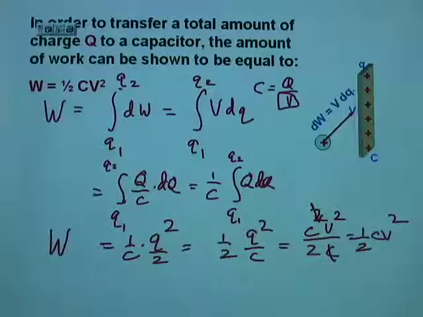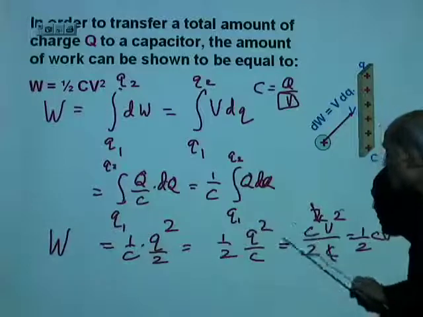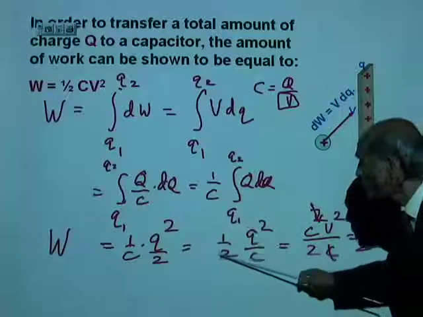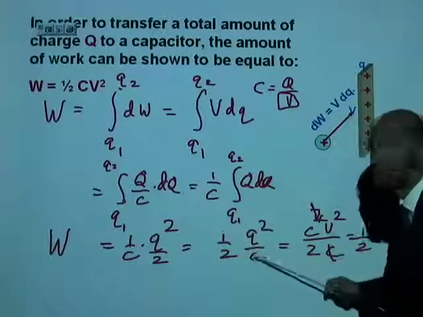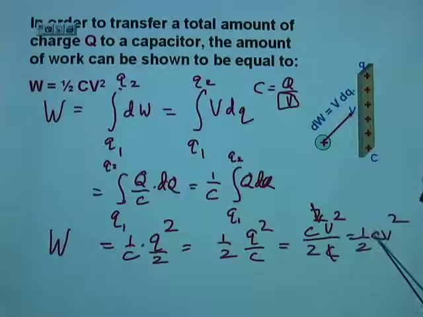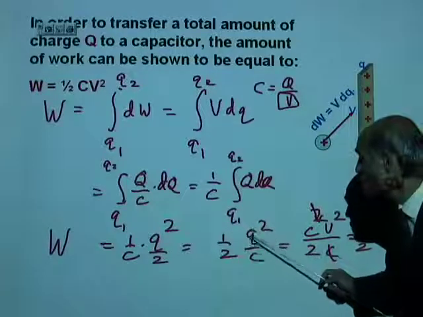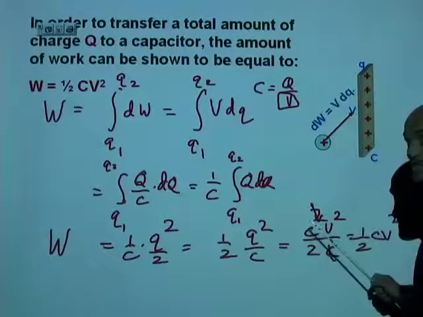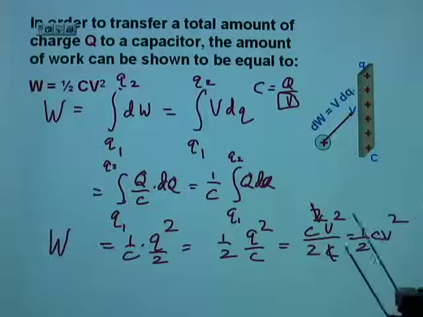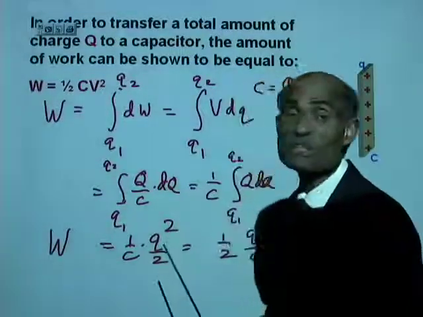So the energy of a charged capacitor is Q squared over 2C, that is one form, which is the same as 1/2 CV squared. So the first one contains Q and C. The second one is in terms of C and V. So you must be familiar with these forms.